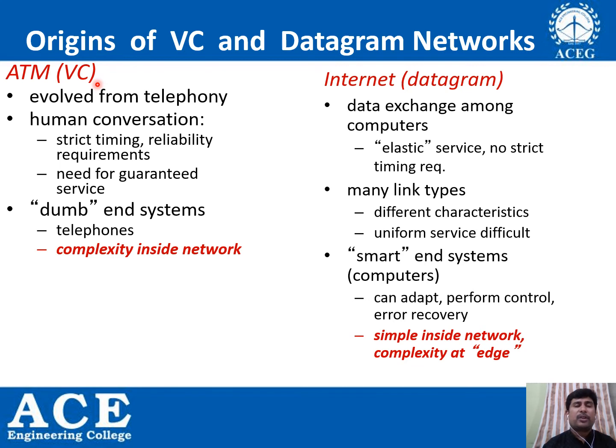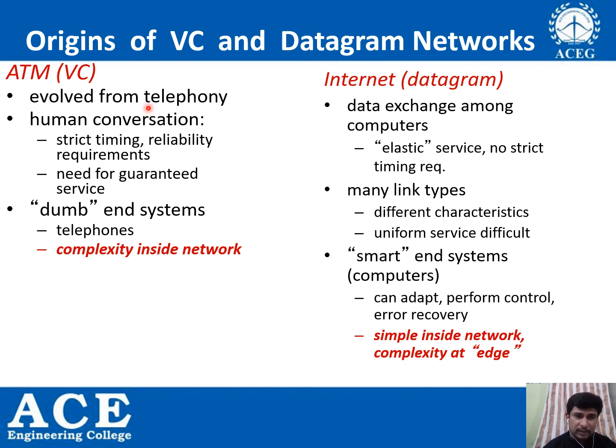The origin of this ATM or virtual circuit is that it has evolved from telephony. Remember your conversations on landline phones? Before you start conversing with the other party, first they need to establish a path from your telephone to your destination or the targeted person's phone. Then when he picks up the phone and the call is established, you start exchanging voice.